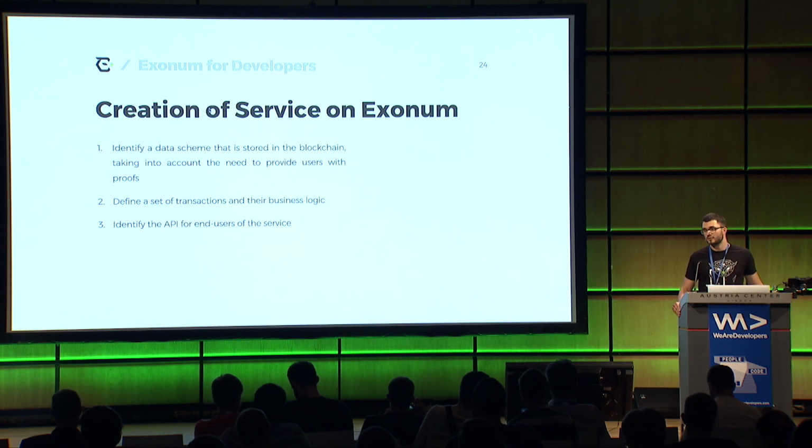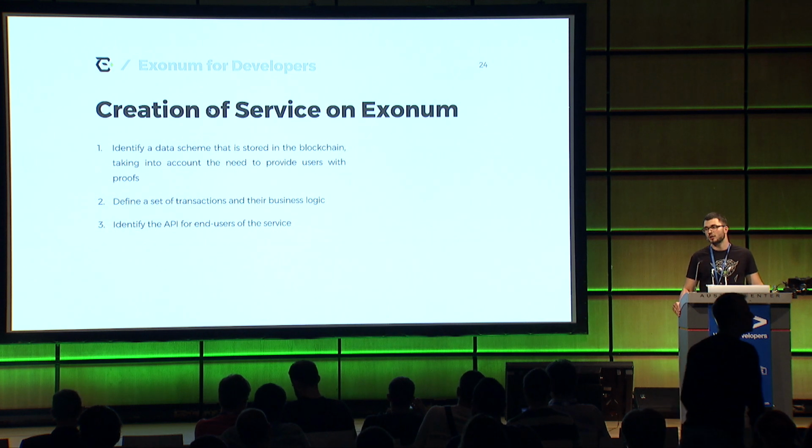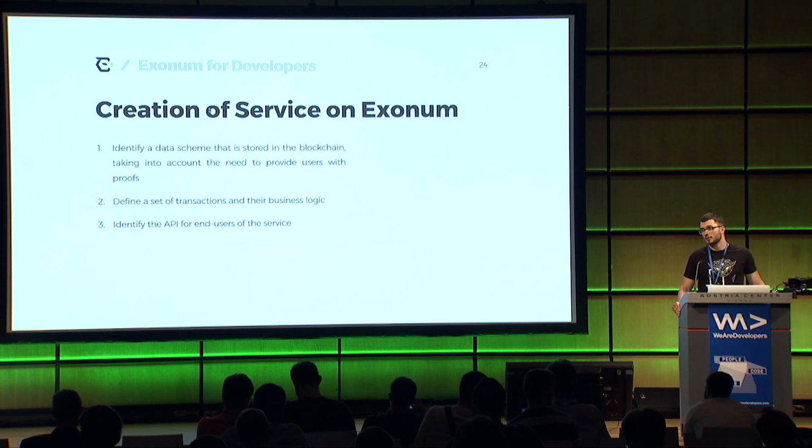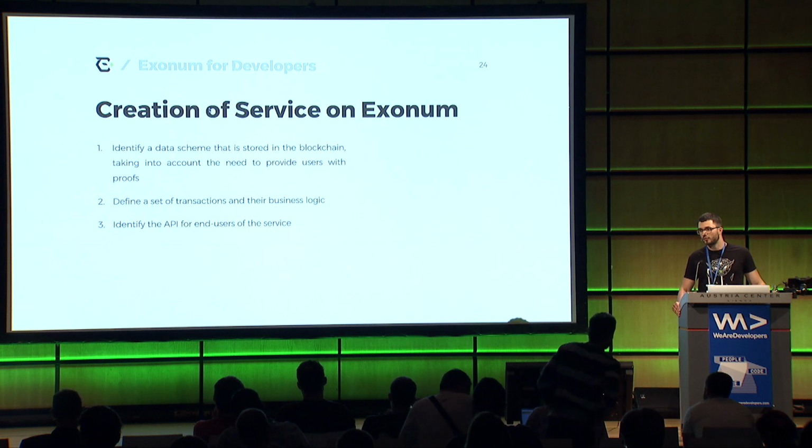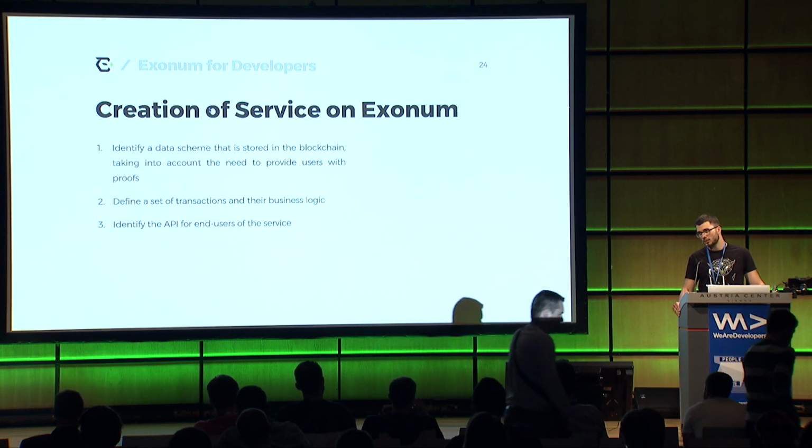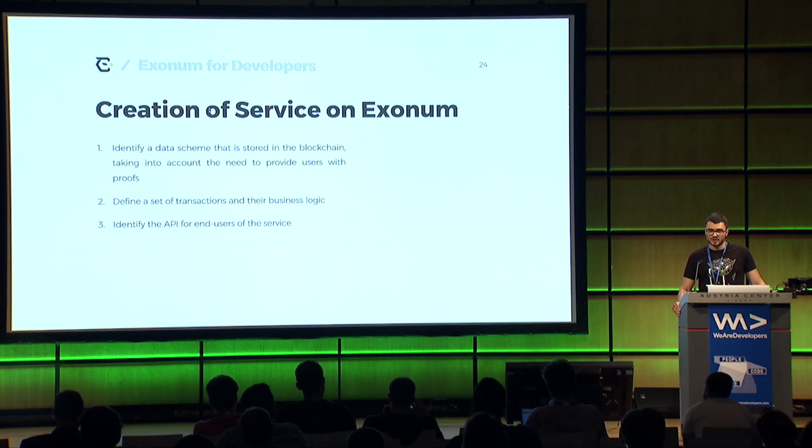After that, you have to define a set of transactions that are going to change information on the blockchain. And the third step and the final one is to identify an API for the end clients. It also depends on the needs of this client, so which data and which sizes he wants to get from the blockchain.